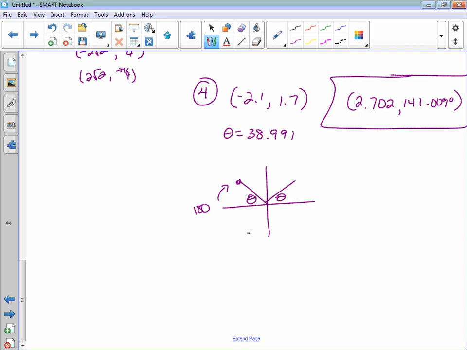Always from the x-axis, and then you're using that angle that you found. See? Good, we did another one. Alright guys, questions on that? Do we get it now, or are we stuck on how we're getting the 141.009?